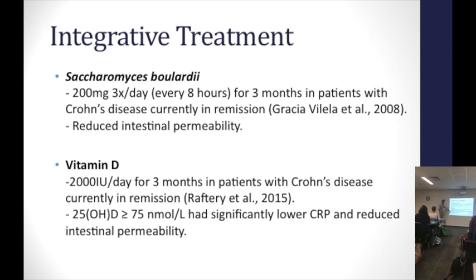But what was interesting was the 25-hydroxy vitamin D. Individuals whose levels were higher than 75 had significantly lower inflammation status and a reduction in intestinal permeability. So you can almost use this as a ballpark figure within clinical practice. Your clients come to you, they say, hey, my vitamin D is at 50. You're like, all right, that gives me justification to increase it because the research suggests it.